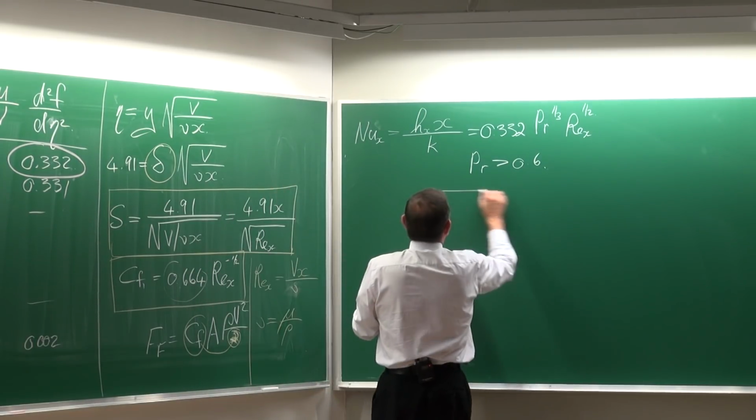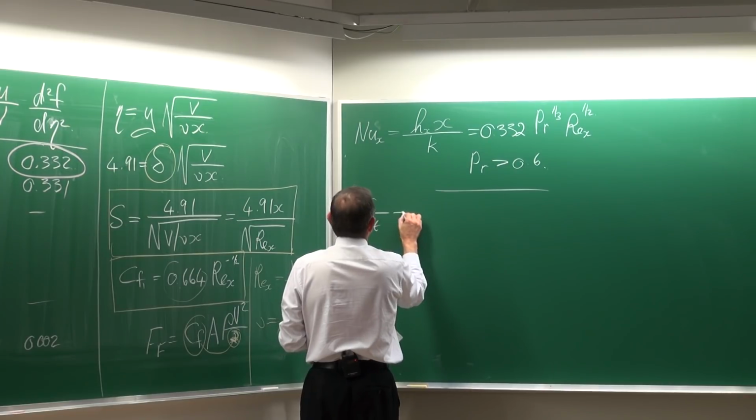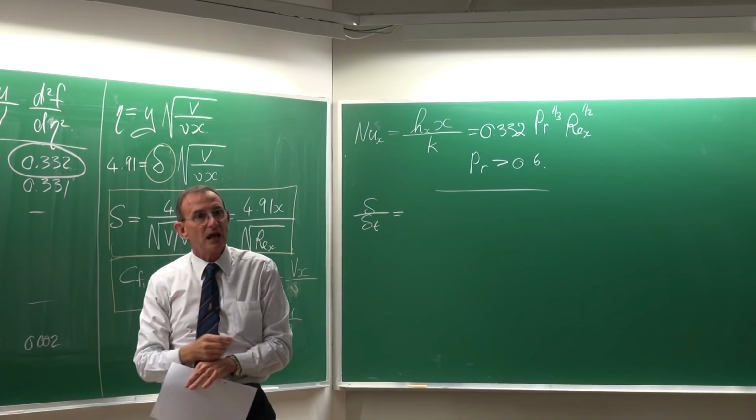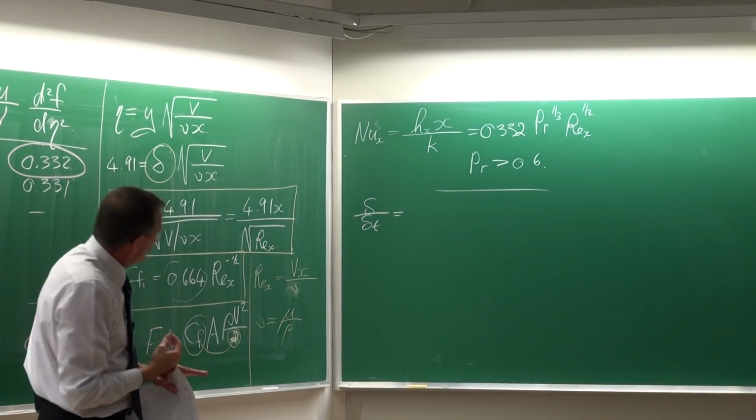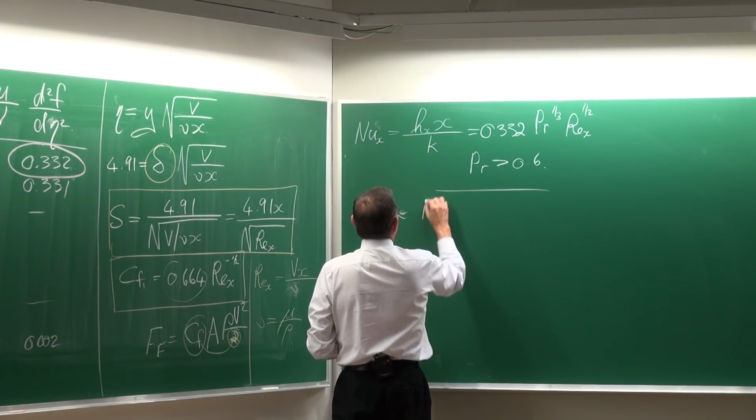And in general, it can then be shown that the velocity boundary layer thickness divided by the thermal boundary layer thickness is approximately equal to Prandtl to the third.